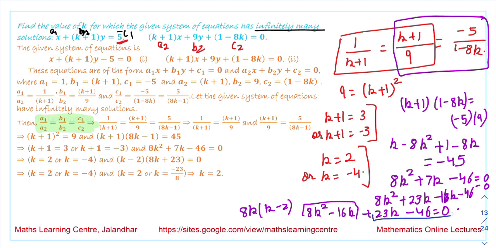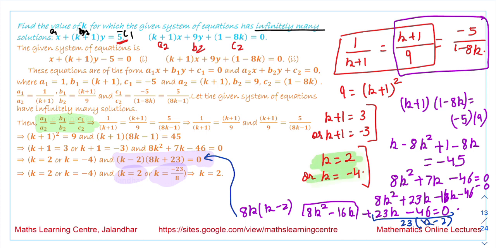From these two terms we are taking 23 common and we are left with k minus 2. So the final answer we get is (k minus 2) into (8k plus 23). So this gives us k is equal to 2 or k is equal to minus 23 by 8.